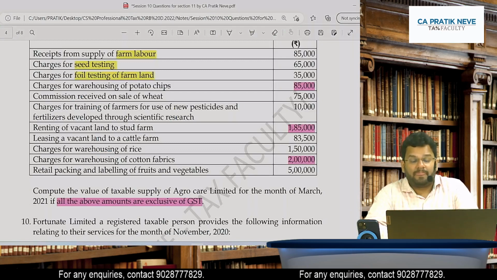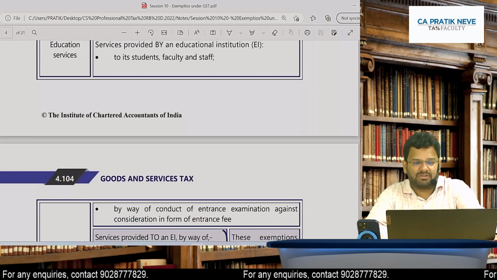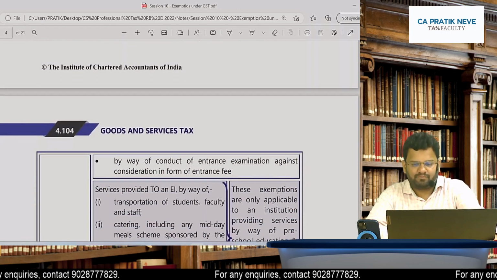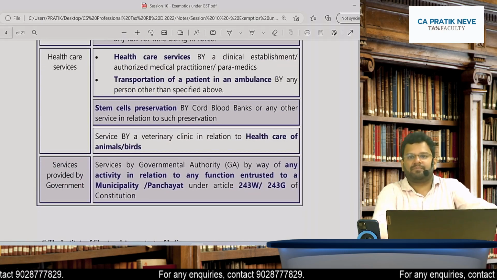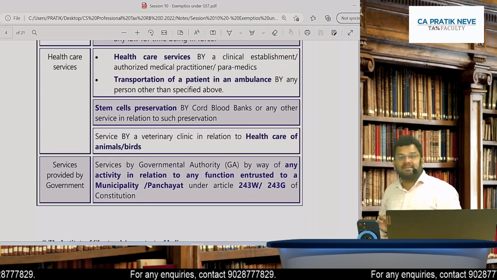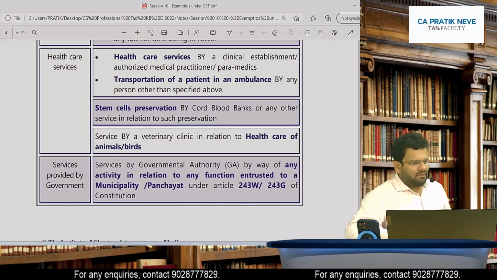See now, before going to education service, let's go to healthcare service. Straightforward.